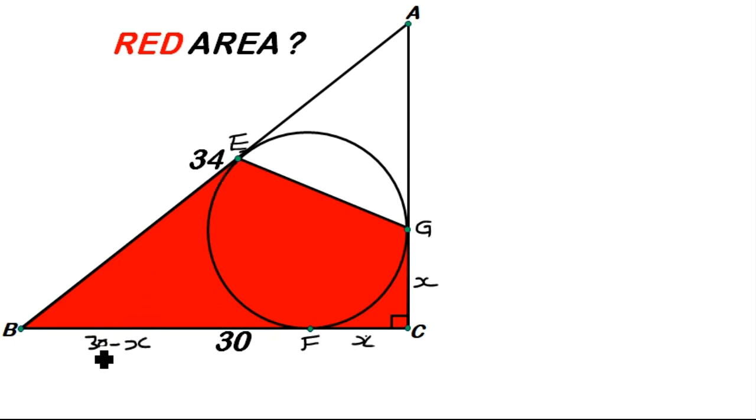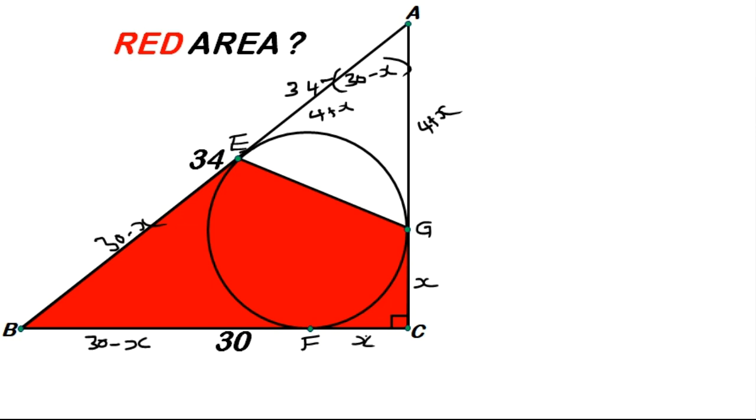If B to F is 30 minus X, then B to E will also be 30 minus X. From A to B you are given to be 34, and from E to B we found is 30 minus X, so from E to A will be 34 minus 30 minus X. 34 minus 30 is 4, then negative into negative is plus X. So the length of the tangent E to A is 4 plus X, then the tangent G to A is also 4 plus X, because the tangent AE is intersecting with the tangent AG. Intersecting tangents are always equal.